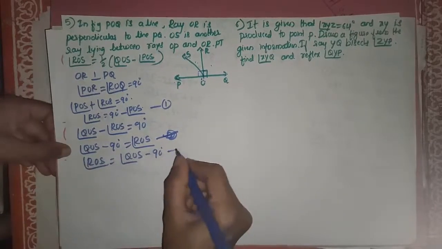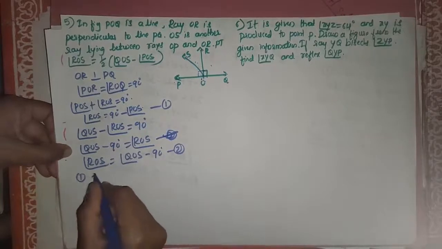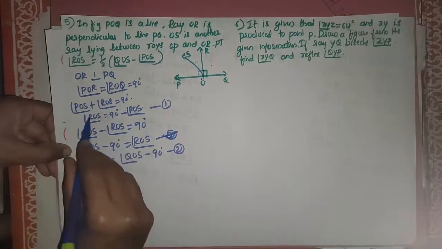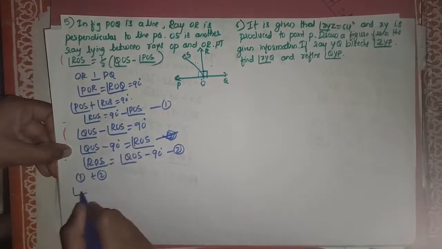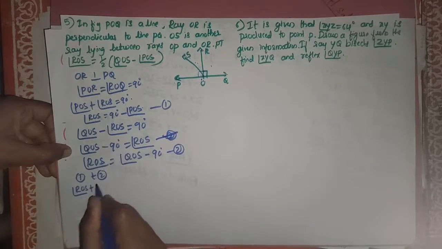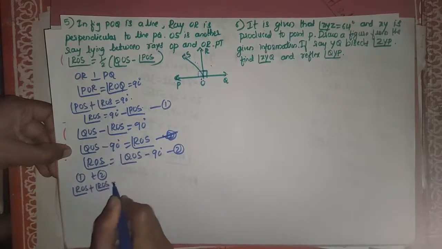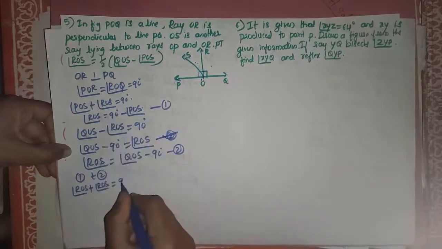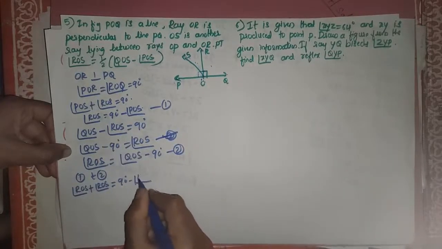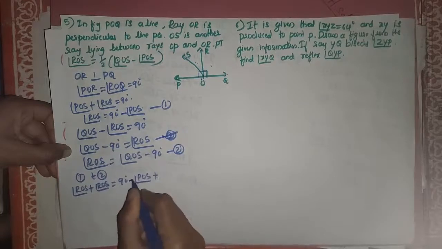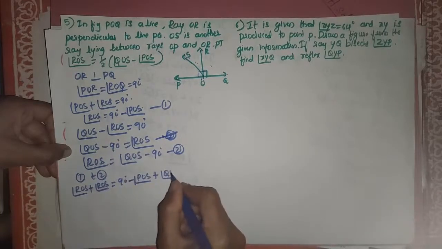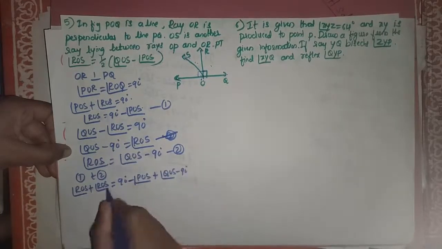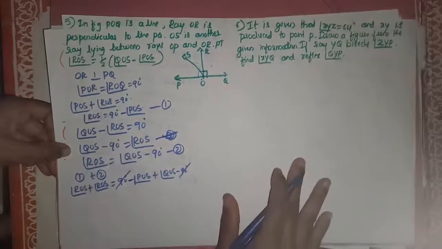Now I add 1 and 2. We have ROS plus ROS equals to 90 minus POS plus QOS minus 90. So here 90 becomes 0.